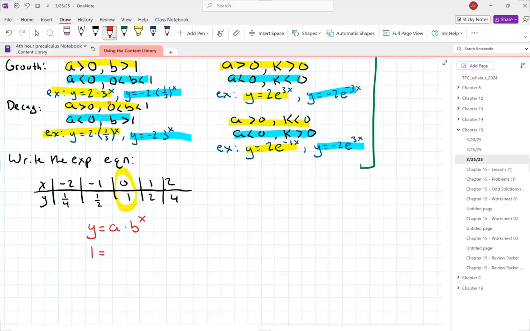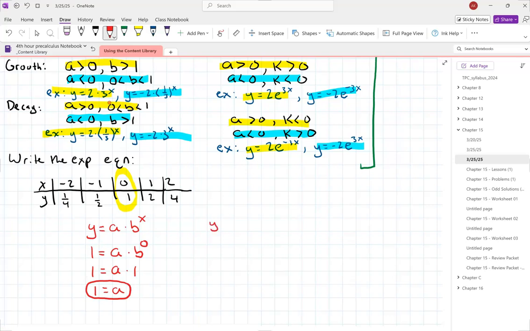So if we have x equals 0, we can plug that in for that point for the x and y. And what is b to the 0 equal to? 1, right? Remember that anything to the 0 power is 1. So we're just left with a equals 1.